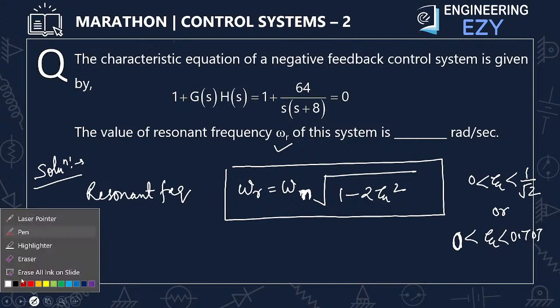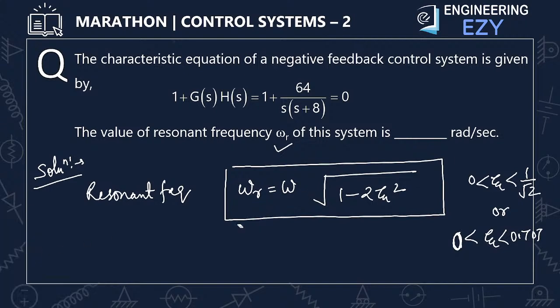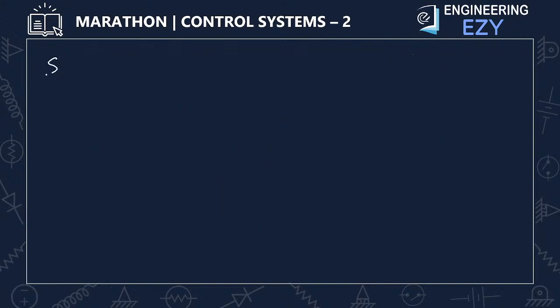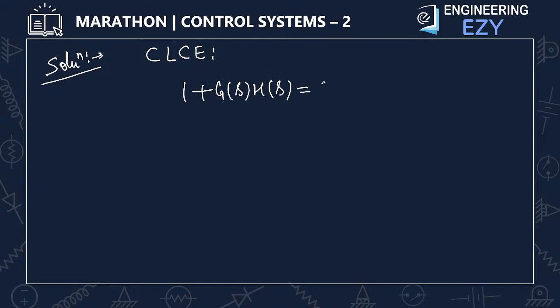Now give the answer. Try to give the answer of this question. If you make the closed loop characteristic equation of this question, 1 plus G(s)H(s) is equal to 0. Yes, Prasanjit is giving the answer.